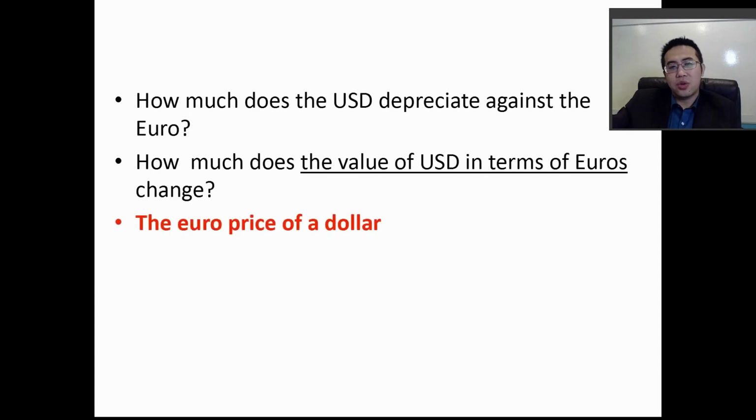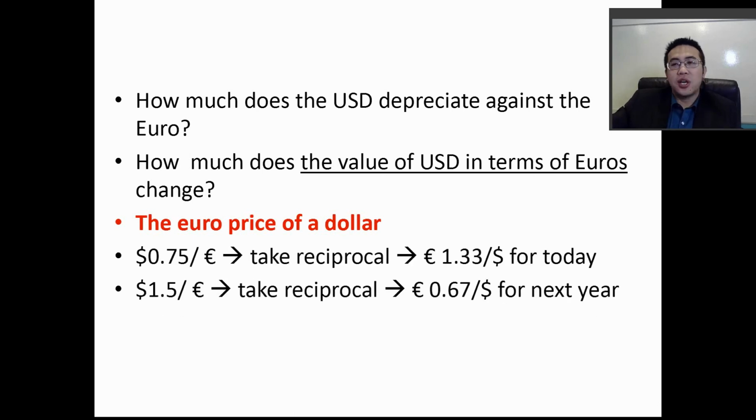We call this an indirect rate, or the euro price for each US dollar. How do we get that? It's simple. We just take the reciprocal. $0.75 per euro is 1.33 euro per dollar. So $1 is equivalent to 1.33 euro, or 1 euro is equivalent to $0.75.